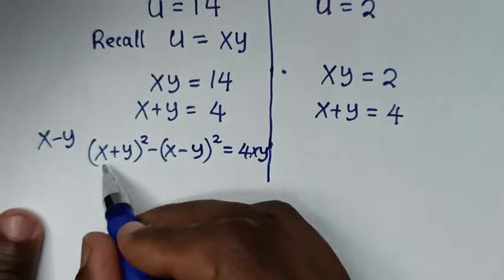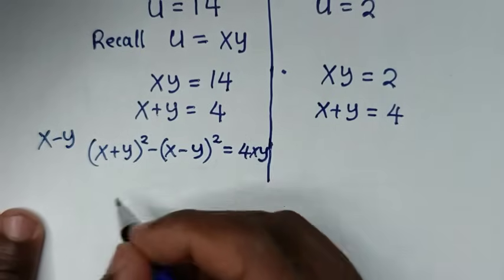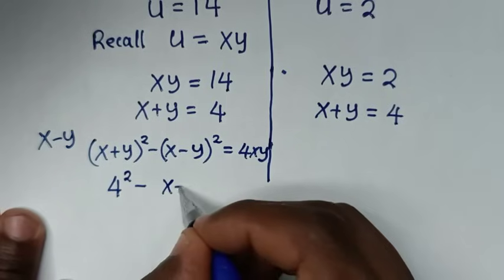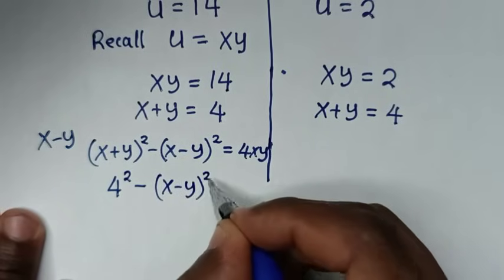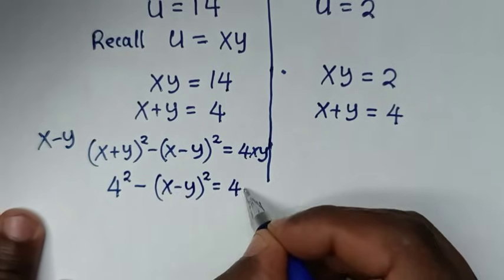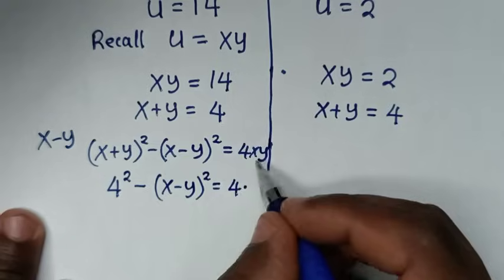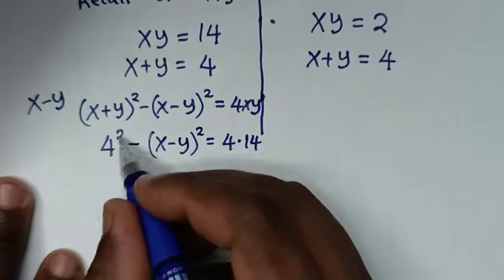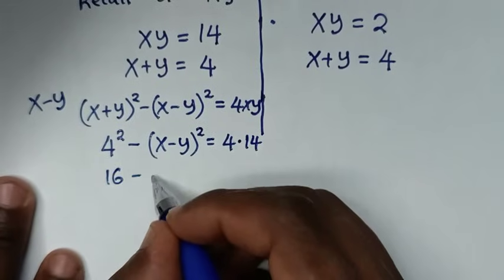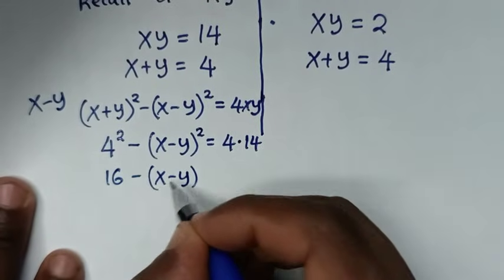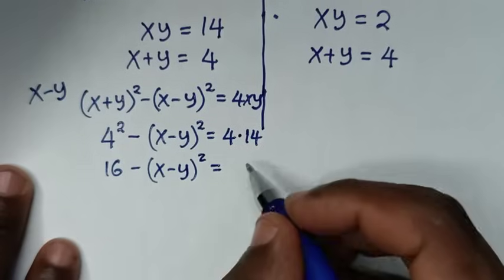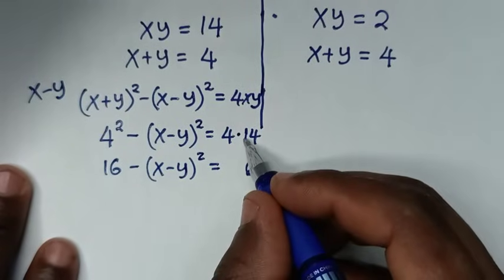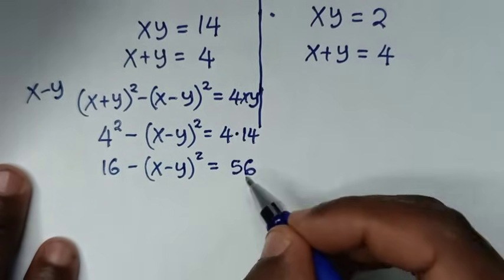So in here, x plus y is 4, so it will be 4 squared minus (x minus y) squared is equal to 4 times x times y, it is this 14. So it will be 4 squared is 16 minus (x minus y) squared is equal to, this times this is 16, go with 1, this times this is 4 plus 1 is 5.